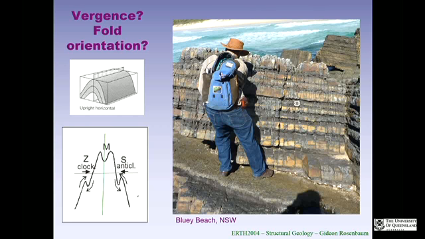The cleavage is not very well developed. It's almost like a fracture cleavage. We expect to see, if there are weaker units there, rocks that could deform more easily, maybe they will create folds as well, and these folds will be M-style folds, so folds that do not have any vergence.